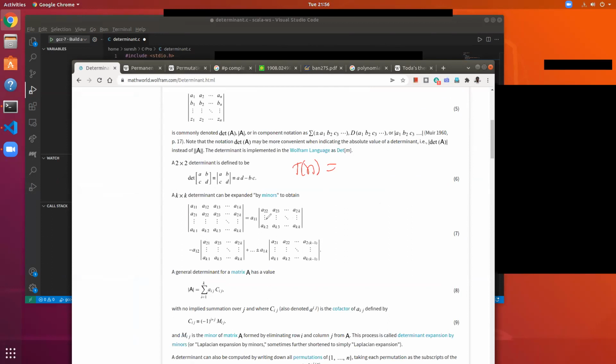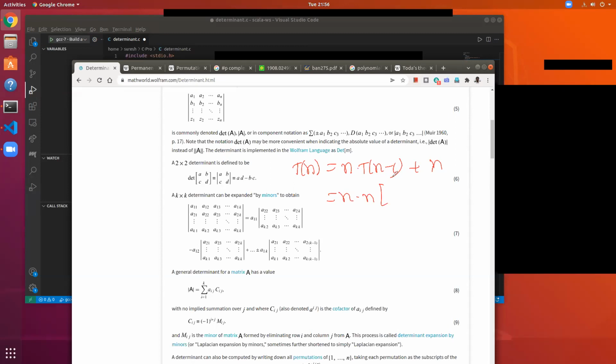There will be n terms in the summation, and we have to find the determinant for n cofactors, and the size of each cofactor is n minus 1. And in order to sum them all up together, we approximately do n amount of work.